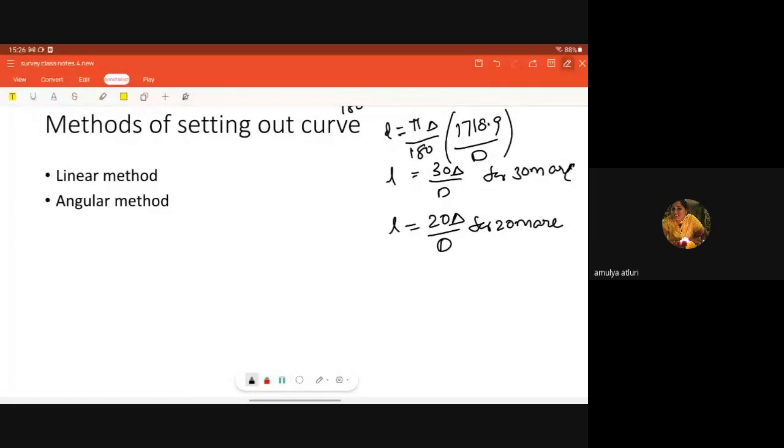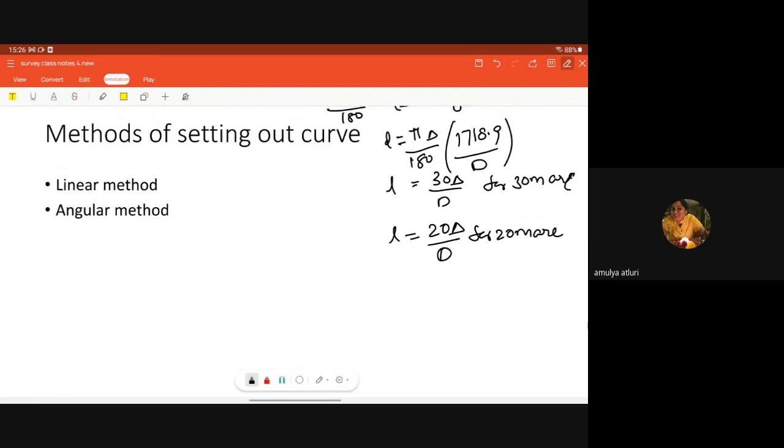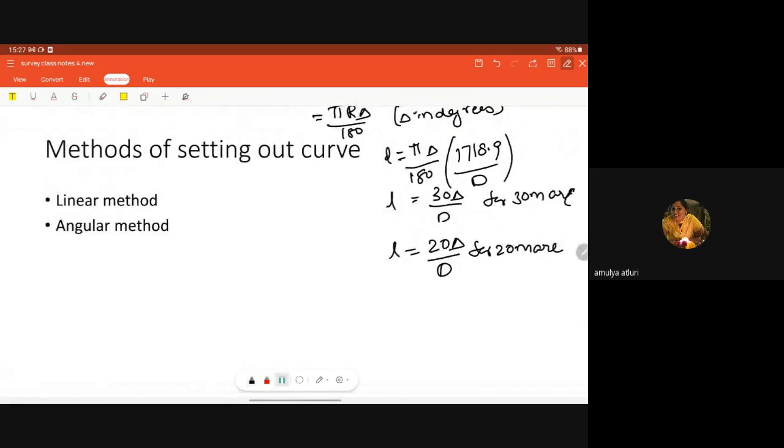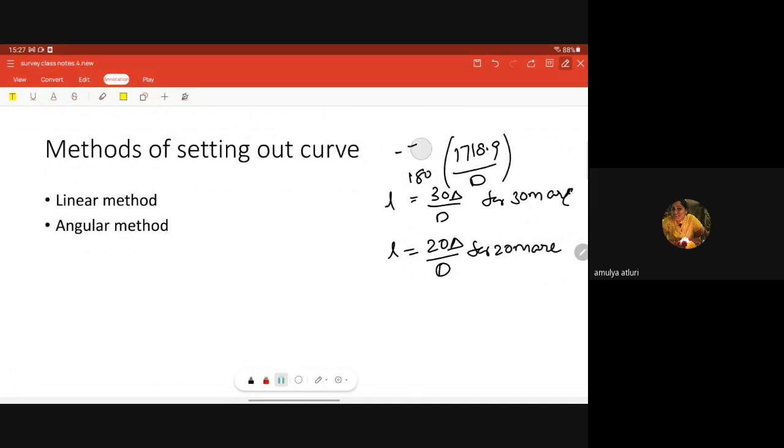Then they want you to calculate length of the tangent, length of the curve, chainage at T1 and T2, least subchord length, number of chords, like that. Those problems will be asked. Next, let's check the methods for setting out a curve. What are the methods and how do we set a curve while surveying?